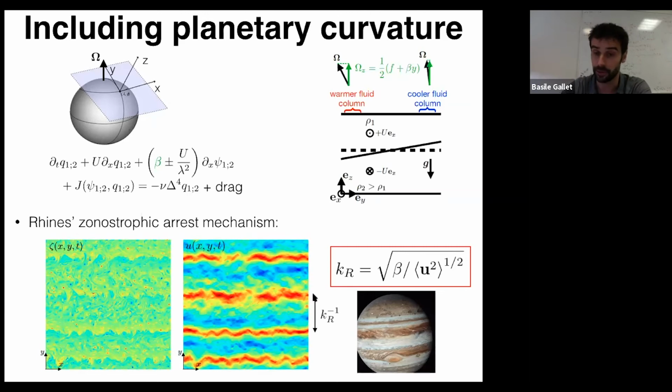And in fact, from that, you can estimate the size of the jet or the spacing between the jets from a scale which is now called the Rhines scale, which you build using beta and the root mean square velocity. So here, the Rhines wave number, which is 1 over that scale, is the square root of beta divided by the root mean square velocity. And this beta plane approximation is probably the simplest explanation for the existence of jets on a planet like Jupiter.